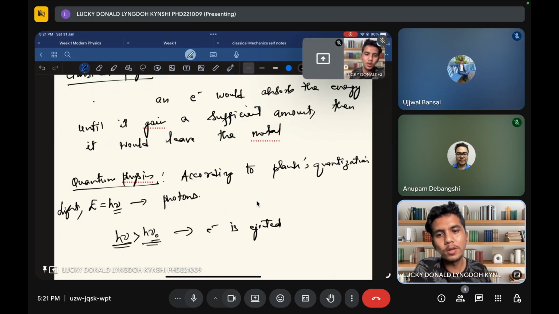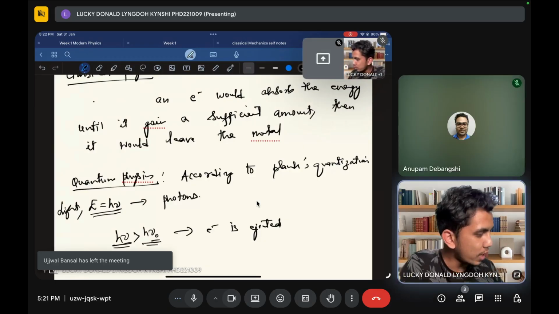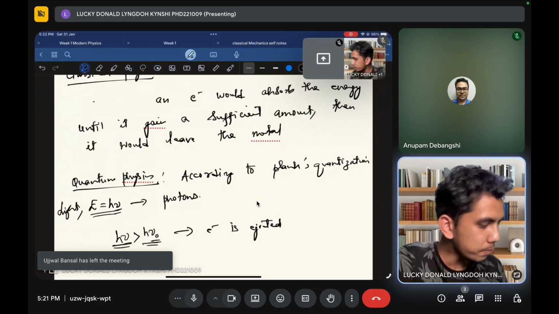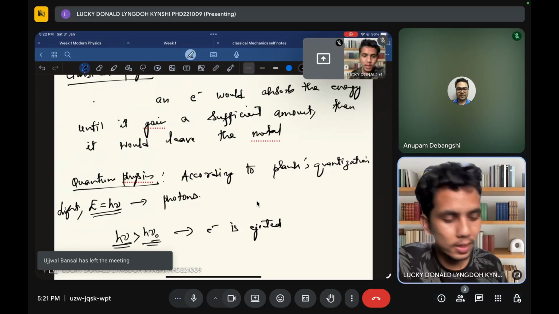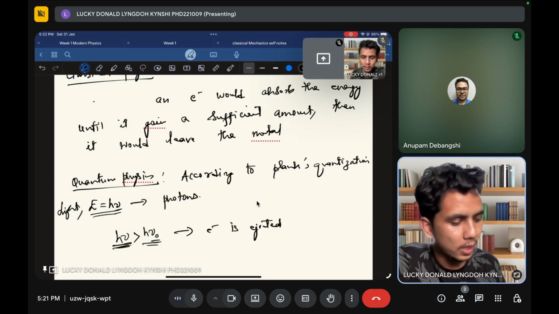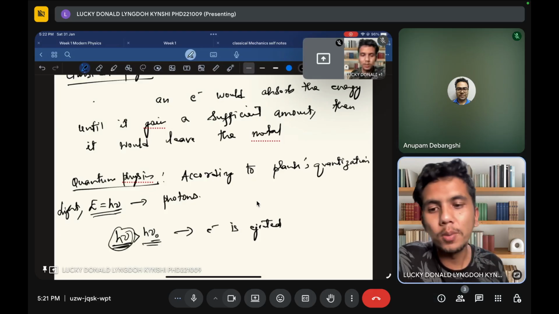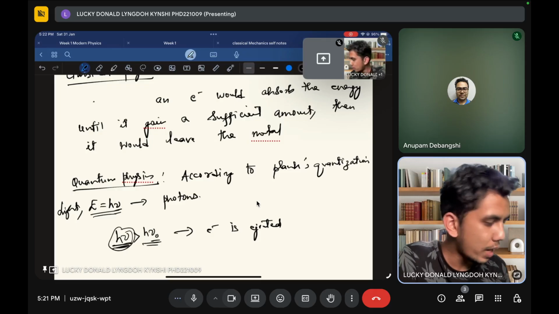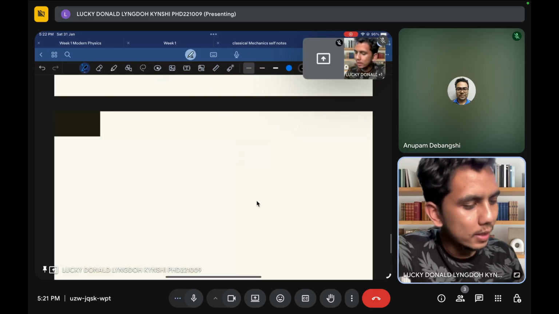This is where quantum physics comes into the picture, because each energy is considered as a photon, or energy is considered as a stream of photons of energy h mu. So that is why your particle consideration of photons comes into the picture. Now a formula comes.